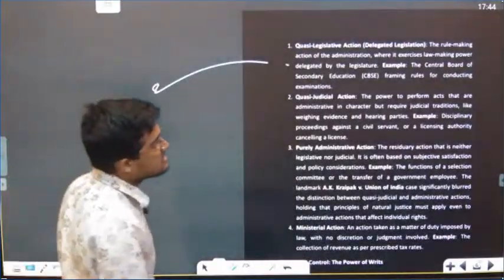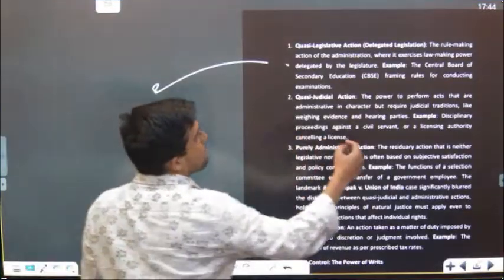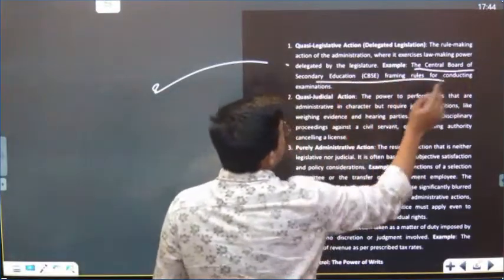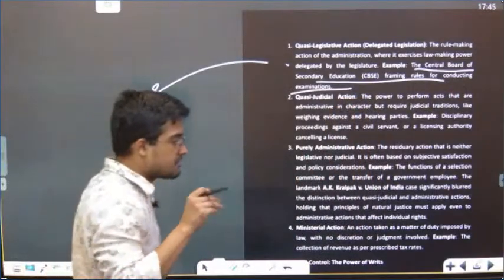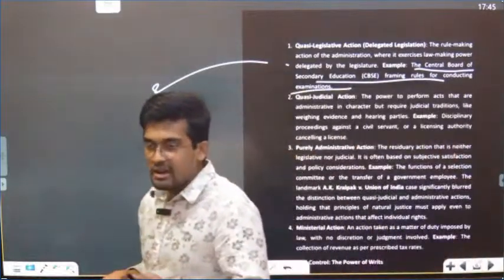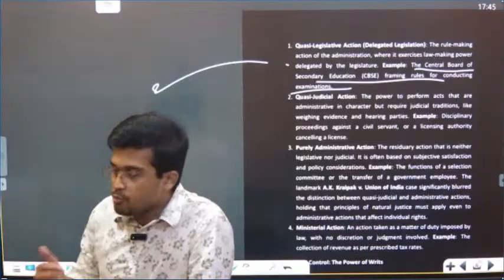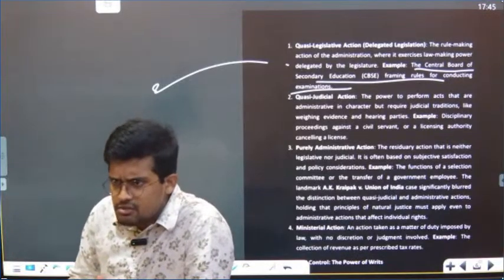There are quasi-legislative actions, that means delegated legislation. Suppose CBSE is framing rules for conducting certain examinations. In the framing of those rules, CBSE says that children are allowed to take mobile phones. Do you think that is constitutional in nature? No, right?